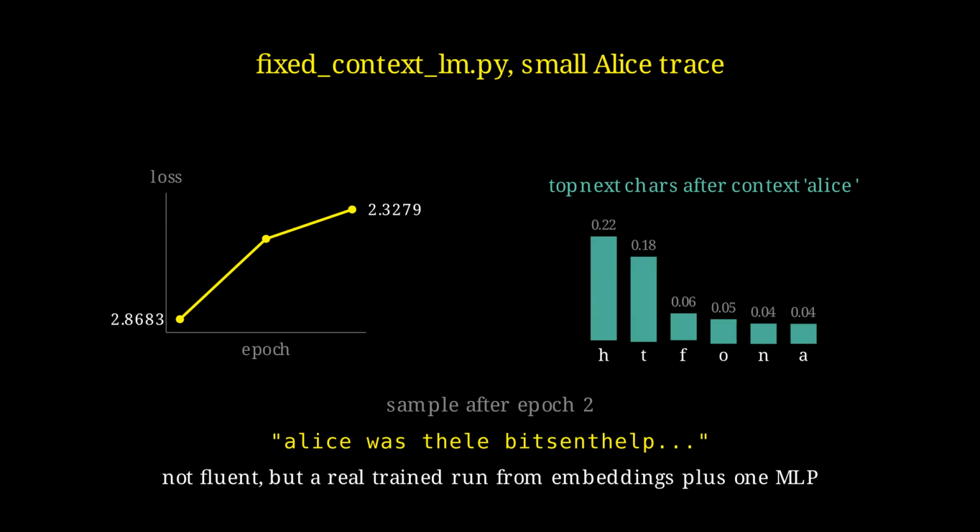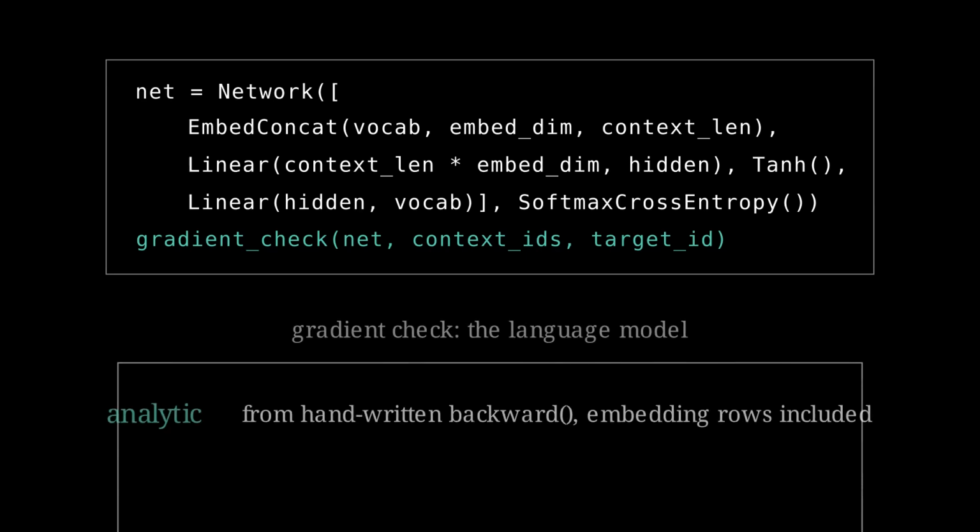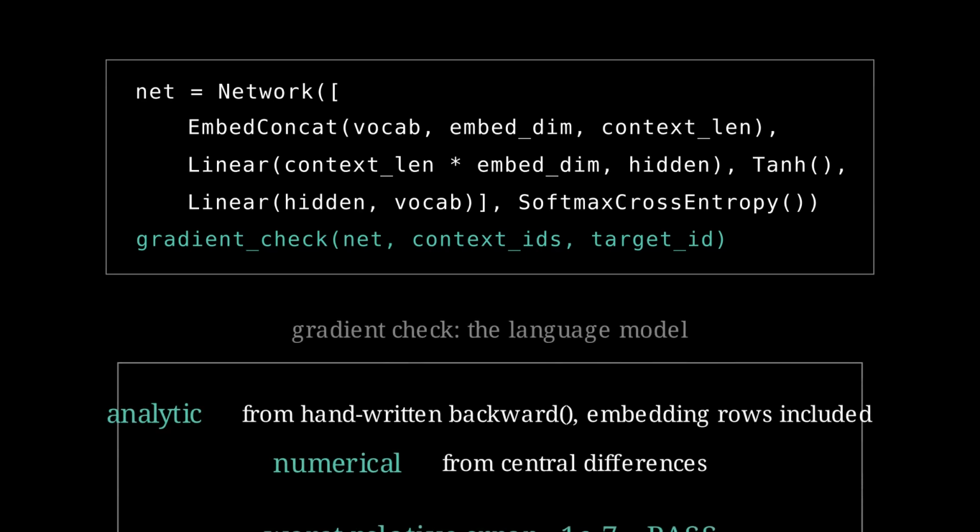Before we call anything finished, we do the one thing we have done at the end of every episode. We check the gradient. We build the language model, hand gradient check a context and its target token, and let it work. It perturbs every parameter by a tiny amount, the embedding rows very much included, measures the loss on each side, and takes the central difference.